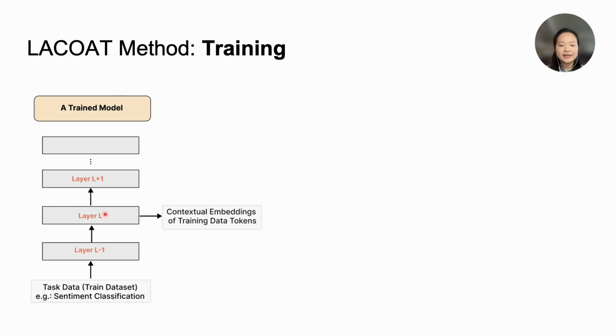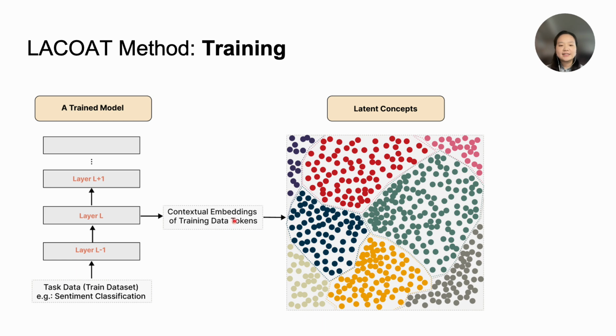From there, we can extract the contextual embeddings of the training data tokens from any layer, and let's assume we gather them from layer L here. Next, we will apply agglomerative hierarchical clustering to group the embeddings into clusters. Each cluster represents a latent concept within the training data.